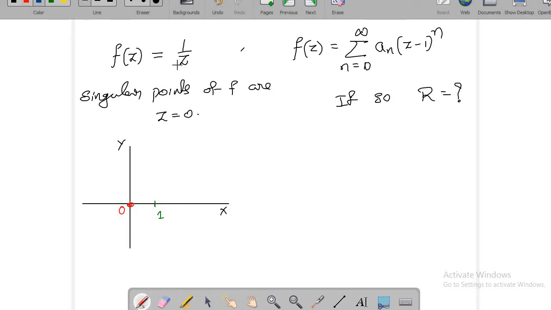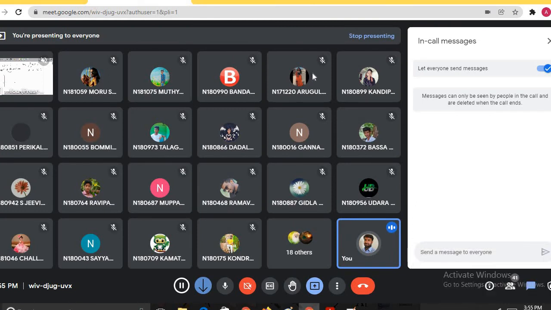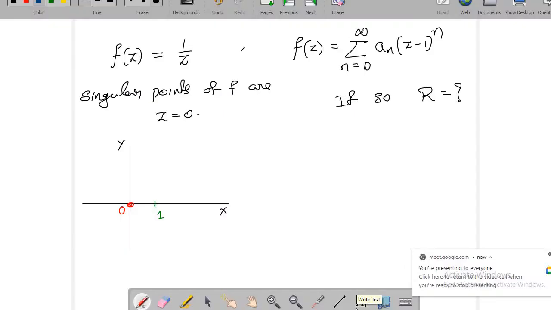Now is it possible to create an open disk around z equal to 1 so that it does not include any singular point? Is it possible to draw a neighborhood around 1? If so, what is the maximum radius of that neighborhood so that no singular points come inside it? It is 1. The radius of the neighborhood around 1, the maximum it can be is 1.